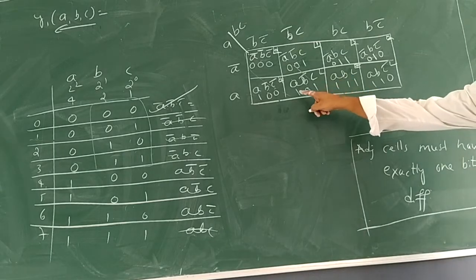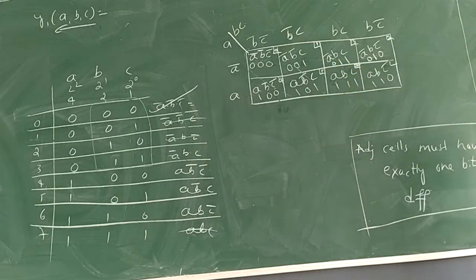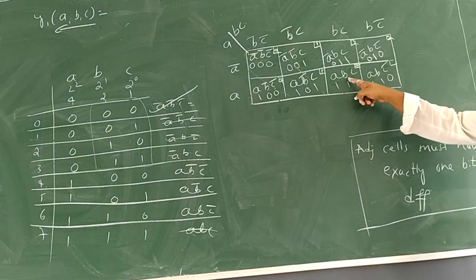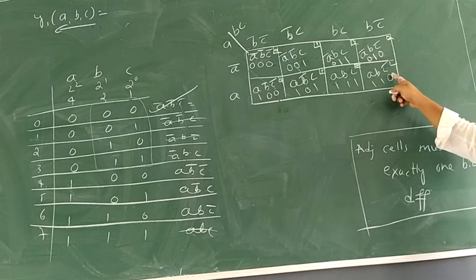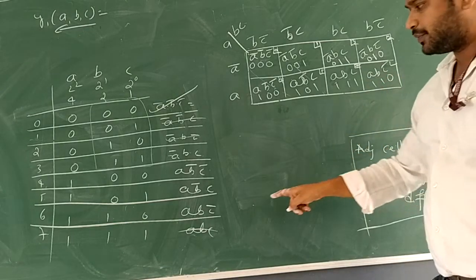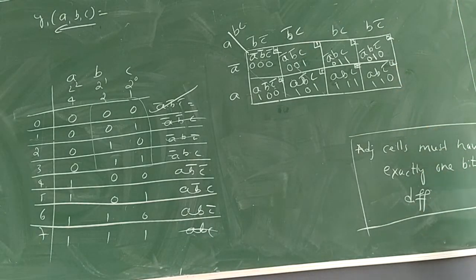So next, A, B complement, C. What is the value? 5. Next row, next column we have already written. So we are left with one, A, B, C complement. What is its value? 6.